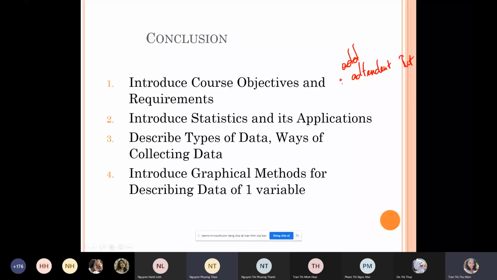What else? Projects. How much percent? 20%.